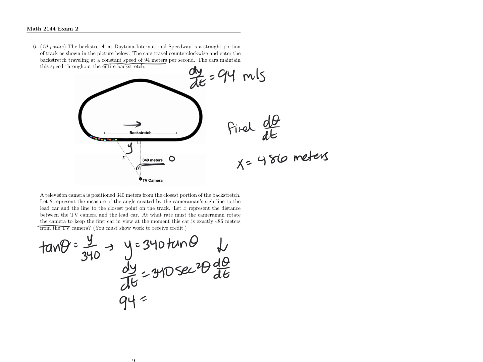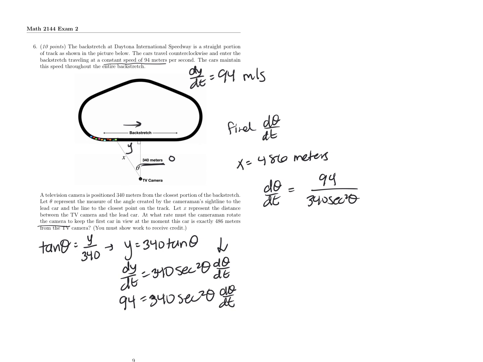So we're going to get 94 is equal to 340 secant squared theta times d theta/dt. And so generally, we know that d theta/dt is going to be equal to 94 over 340 secant squared theta for any value of theta.